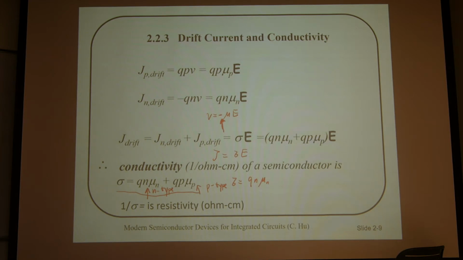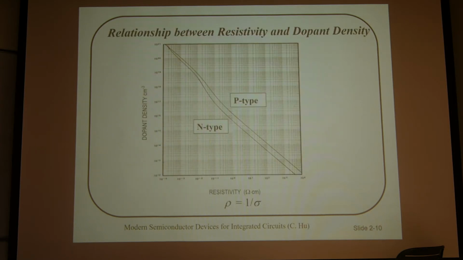Okay, so this is the drift current. And then here is another chart that shows the relationship between the doping density and the resistivity of the silicon. So you know the doping density will determine the mobility, and then from the mobility you can get the conductivity or resistivity, right?